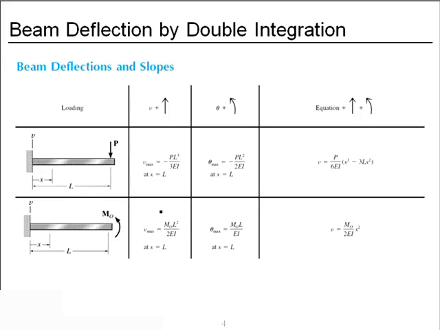So we have a way to calculate the peak deflection of a cantilever with a couple moment at the end by using this formula, which, by the way, was derived using double integration or one of the other methods for predicting deflections of beams.